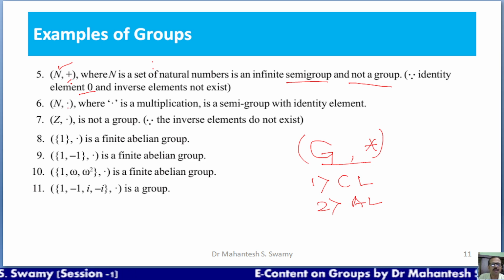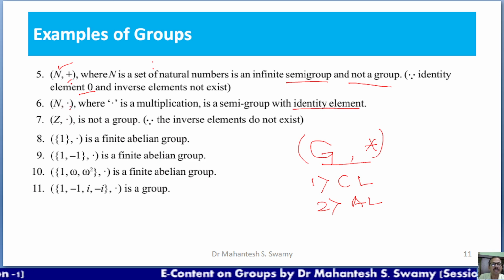Now, with respect to multiplication also, it is not a group. However, it has a multiplicative identity element 1. But every element of the set of natural numbers does not possess an inverse under multiplication. For example, you have the element 2 belonging to the set of natural numbers.